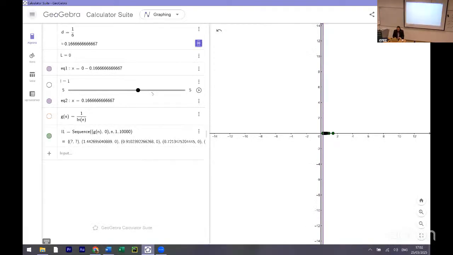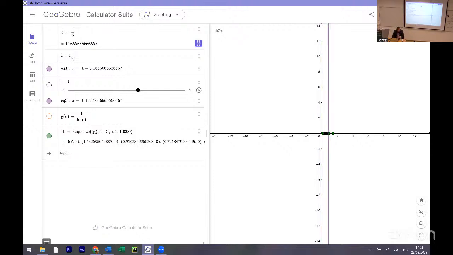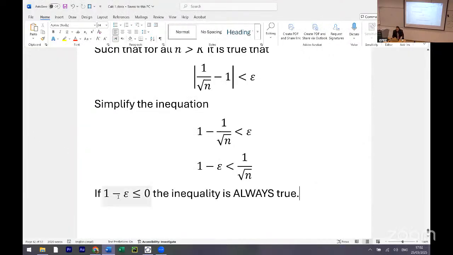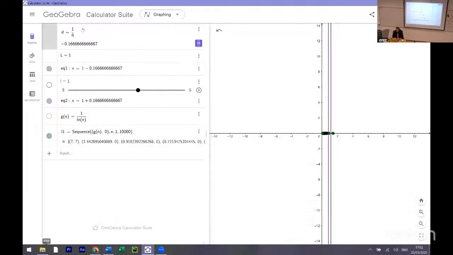Let's look at GeoGebra. The limit now is 1, supposedly. What is the distance? 1 minus epsilon is negative. What does it mean? It tells us about epsilon: bigger than 1, or even 1.